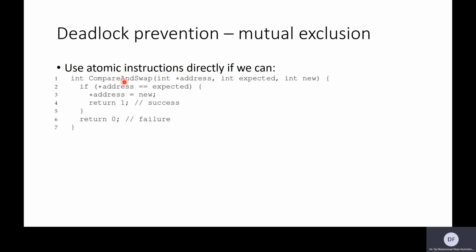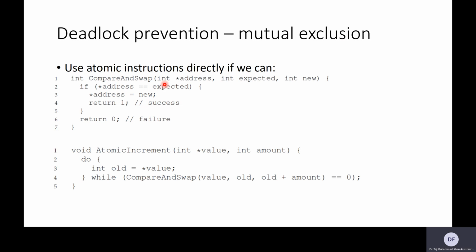We had already discussed the compare and swap instruction, which takes an address, compares the old value to the expected value, and if they are equal, replaces it with the new value. This instruction can be used to do atomic increment. Remember, we had this problem with counter equals counter plus 1 in multi-threaded code.